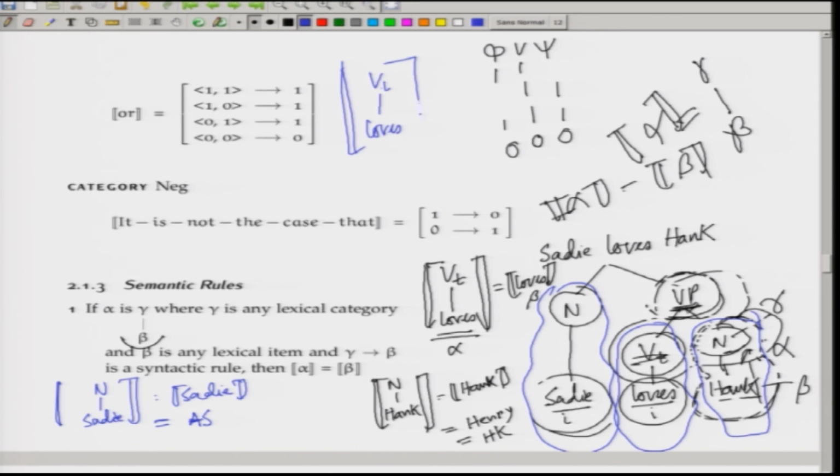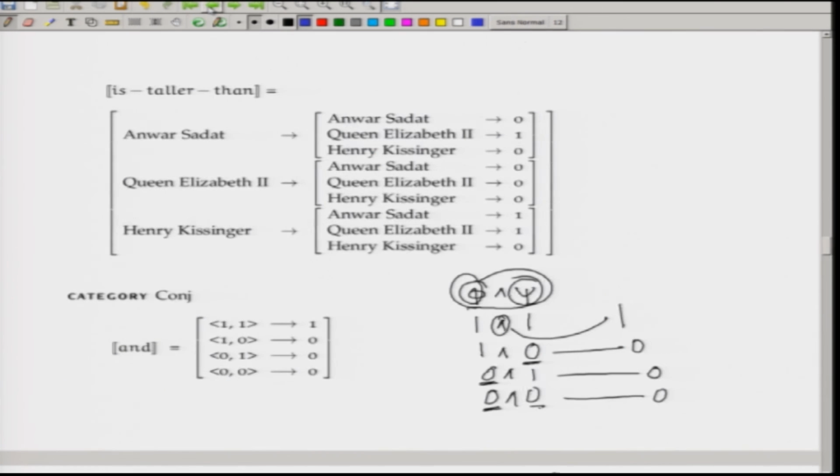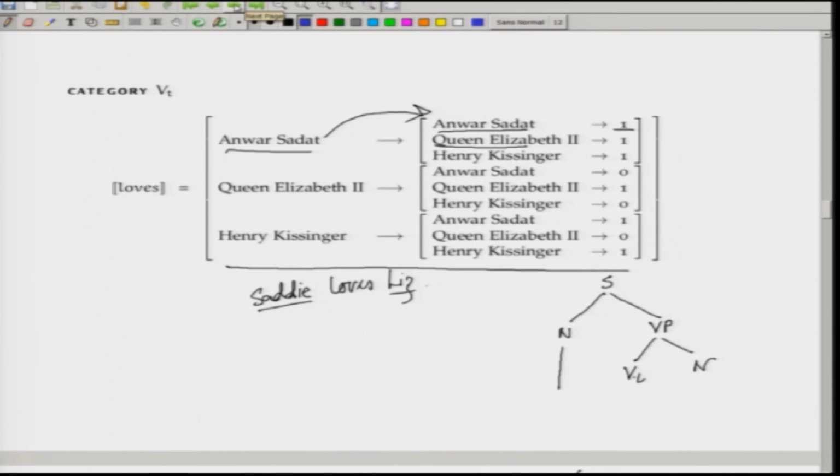Sorry, the reference, not the truth value, is the reference of loves, which is this huge function, which is given somewhere here. Yes, it is actually given here.